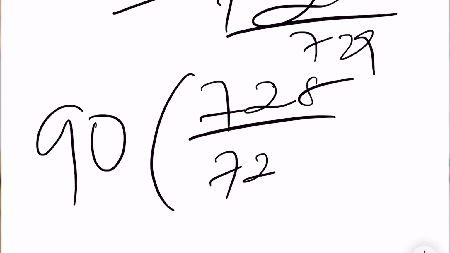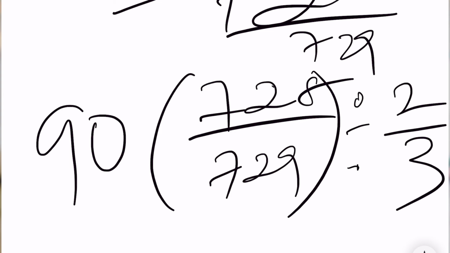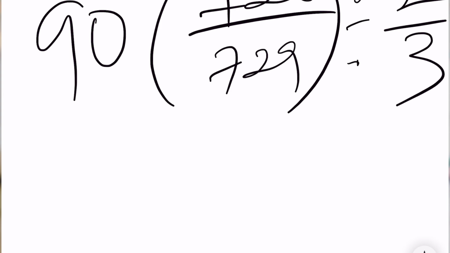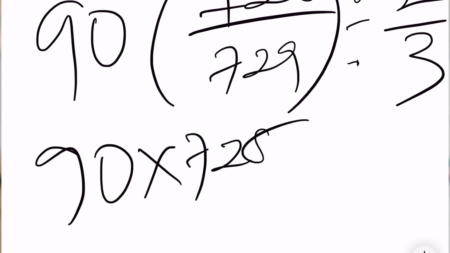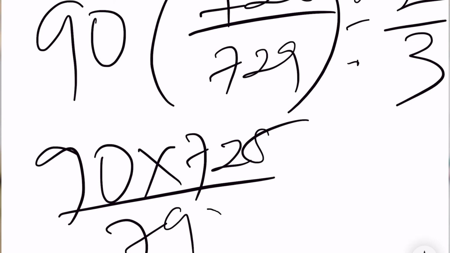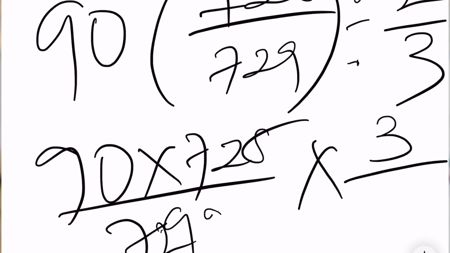So we have 90 into bracket 728 over 729, divided by 2 over 3. So we have 90 times 728 over 729 times 3 over 2.